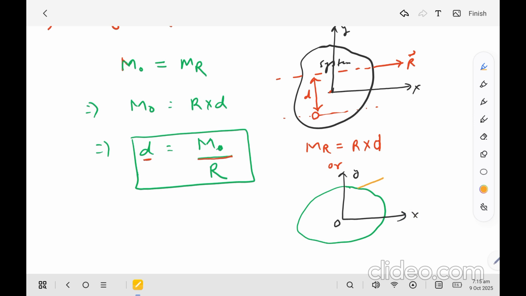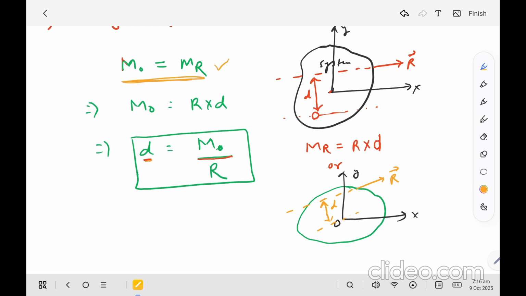If I draw the line of action, and this is the reference point O, this is the distance D. So we can take point O to estimate the moments of all the forces, and then we use the same point to find the moment of the resultant, and then we equate both the moments as per the Varignon theorem.